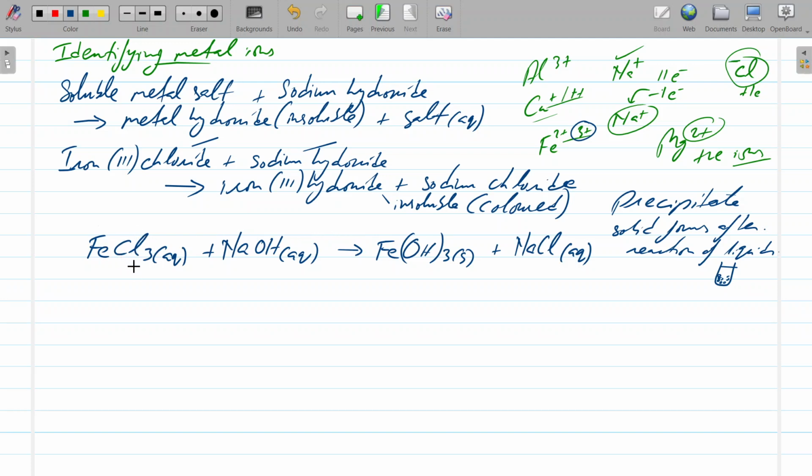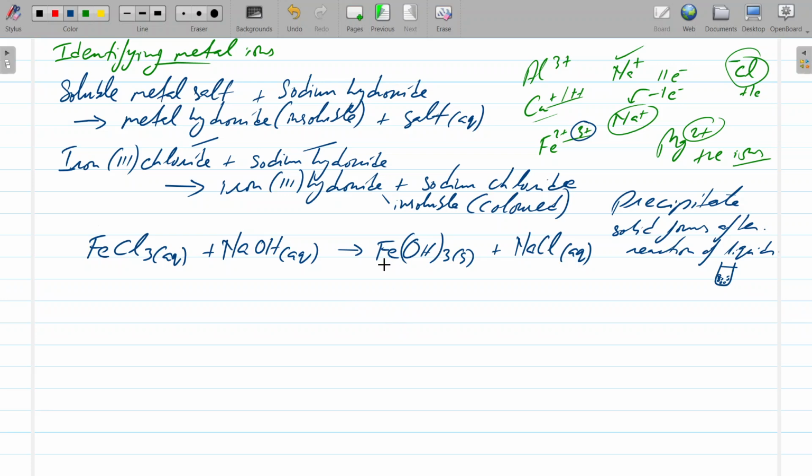Chlorine. How many do we have on the reactant side? So you got 3 on the reactant side. How many do you have on the product side? 1. So there's obviously a difference.